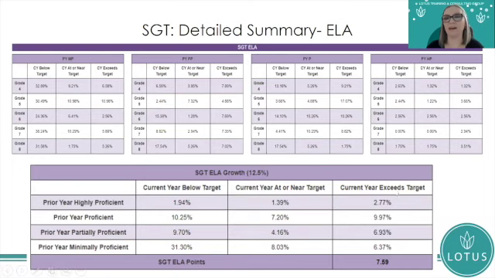If they have an SGT that's 11 points higher, so they actually earned a growth percentile of 70, that's way more than plus or minus 10, so they're going to be in the exceeds range. And below target is 11 points or more below their target.